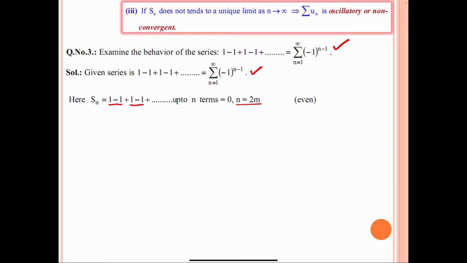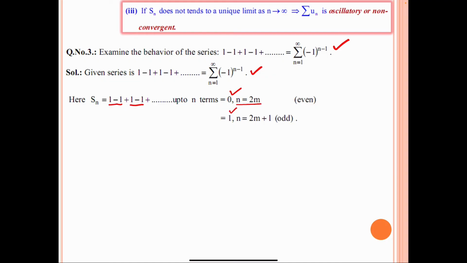So when n is even, Sn is equal to 0. And when n is equal to 2m plus 1, meaning odd terms, then sum is 1. So nth partial sum is 0 and 1 for even and odd number of terms.